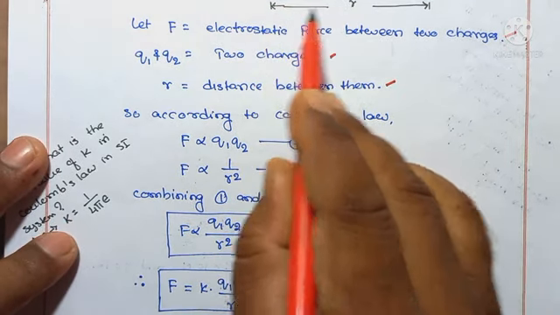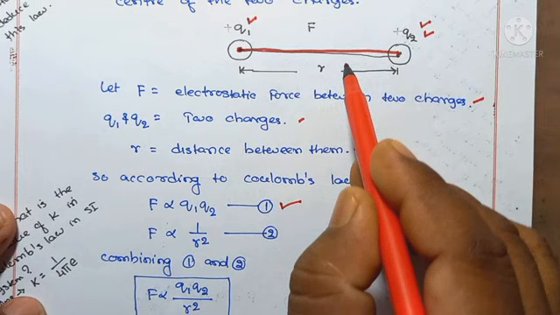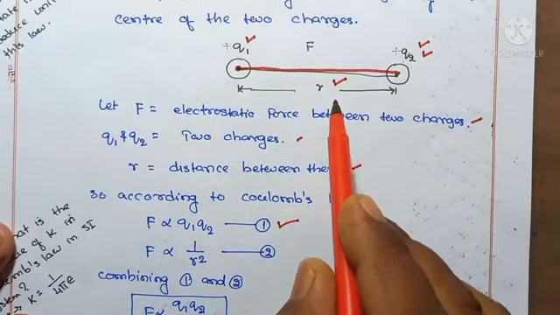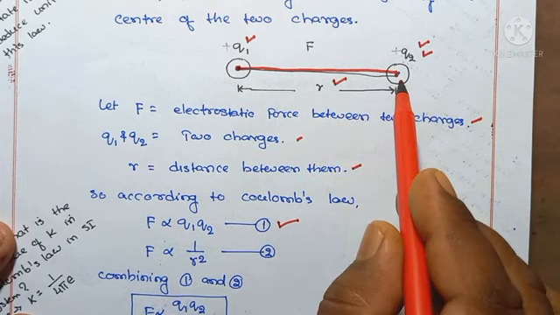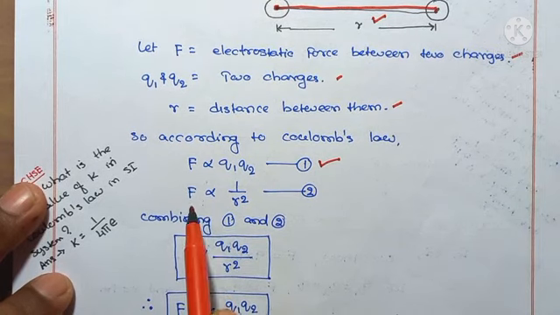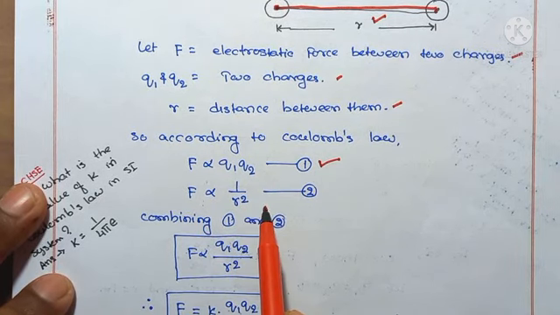Now the distance between them is r, so the square of the distance means r square. So the square of the distance between the two charges is r square. Therefore the force is inversely proportional to r square.